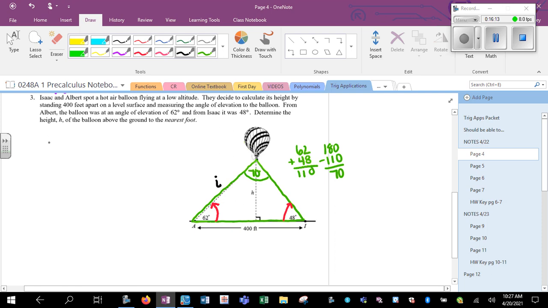When I set this up, I'm going to use the 70-degree angle because it's opposite the 400 feet distance in between. I'm going to use the 48-degree angle, which is opposite my side that I'm calling i for Isaac. Cross multiply, and then we'll go to our calculator.